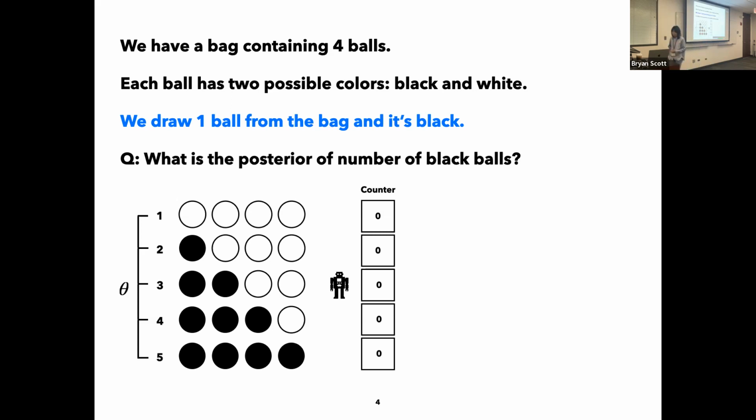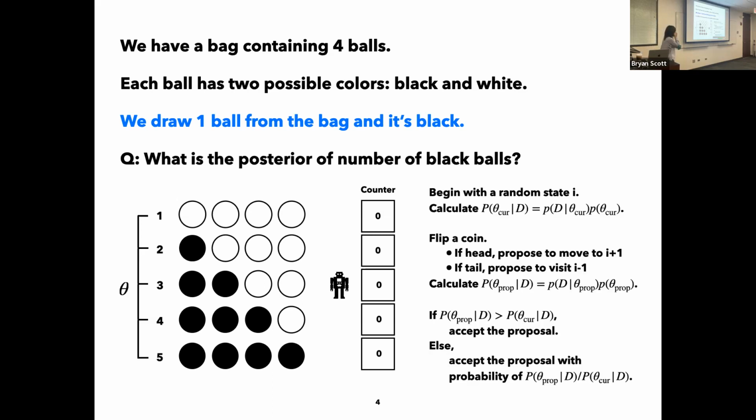Let me propose one way to achieve this. We begin with a random state. Let's just begin with state 3. I calculate the unnormalized posterior, so it's just the likelihood times the prior. That's similar to the posterior, but it's not normalized. We're just interested in the posterior at that certain state. Then we flip a coin.